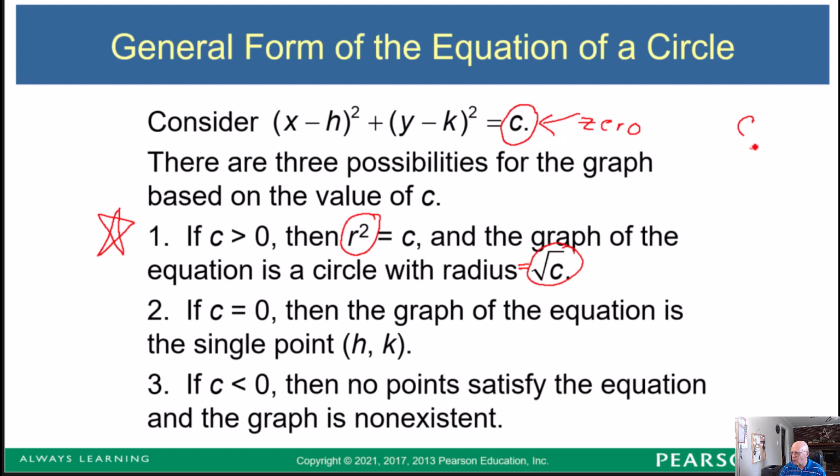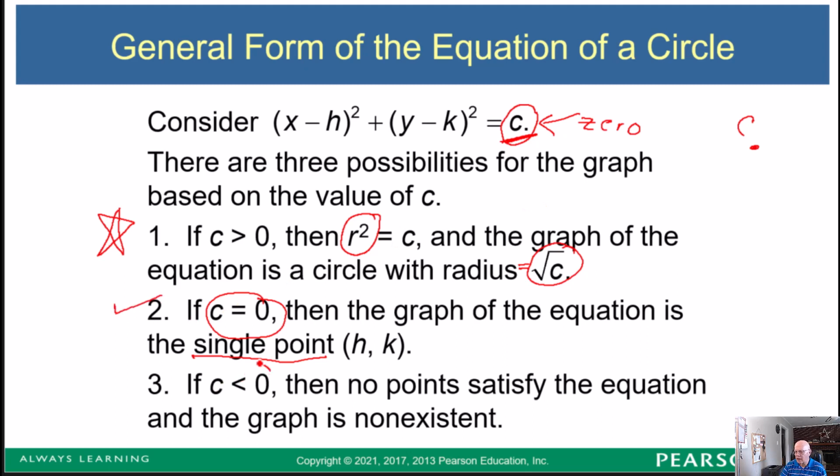When you go to the right, you go 0 units, you're still there. When you go up, you're going 0 units, you're still there. No matter what you do, you're still there because the radius is 0. So it's just a single point if that number on this side is 0. So I hope you got that.